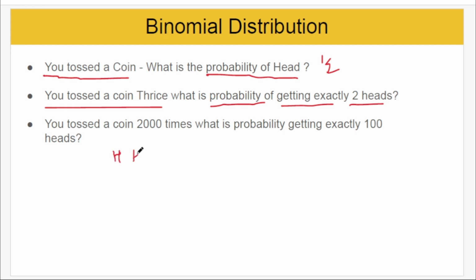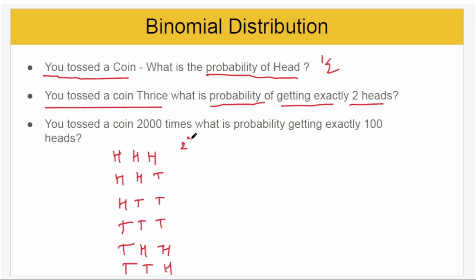Head, head, head. Then head, head, tail. Then head, tail, tail. Then tail, tail, tail. Then tail, head, head. Then tail, tail, head. Correct? Only six. How are we calculating this?